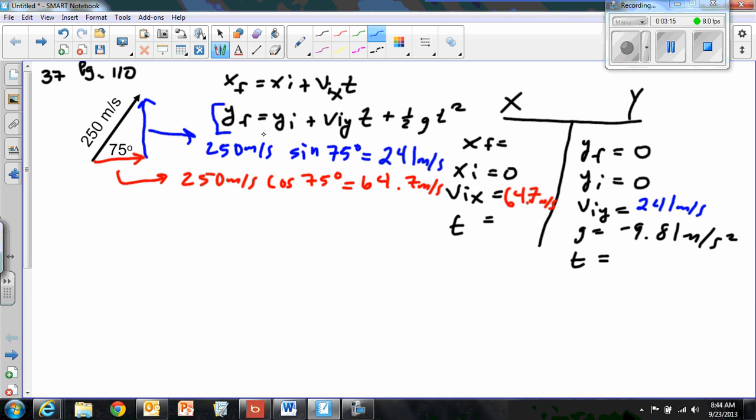This is a quadratic equation, so you have to use the quadratic formula, which I remember we have a program for called Quadrat, so we're going to go in and put in Y equals, A equals, so remember this is our A, actually that's not our A, 1/2 of that is our A, 1/2 G, which is negative 4.905, and then this is our B, and this is our C. So if you put those numbers in, you will get a time of 49.1 seconds. That's the same time here.